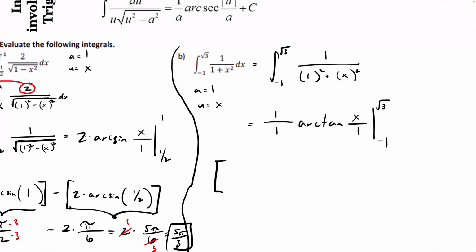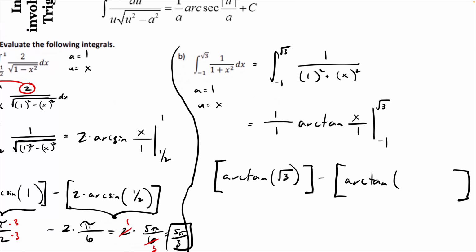So again, I'm going to plug in. So we have arctangent of square root of 3, arctangent of negative 1. Okay. So where is tangent equal to square root of 3?